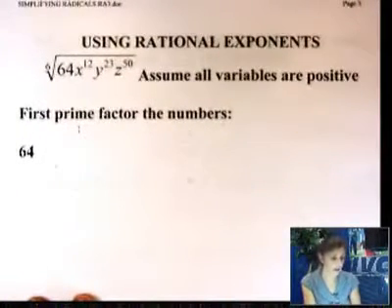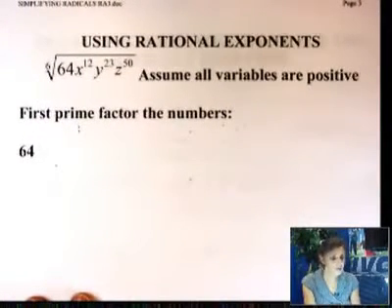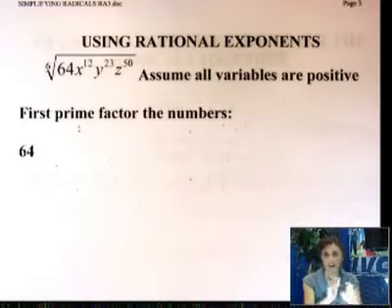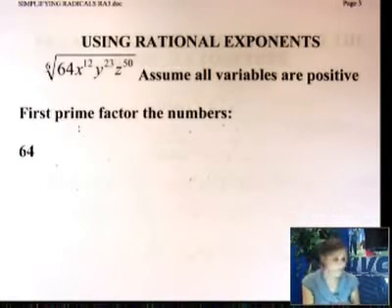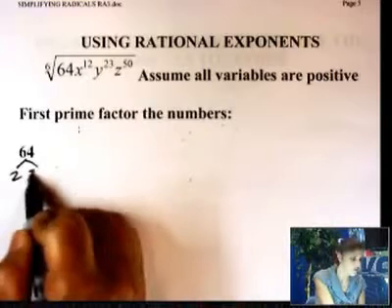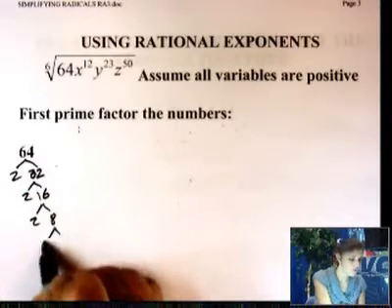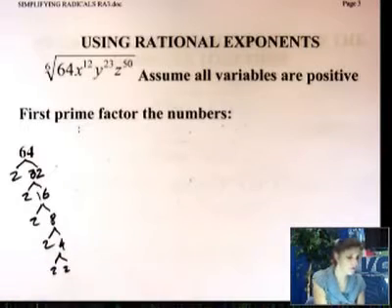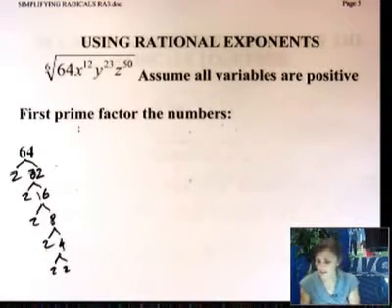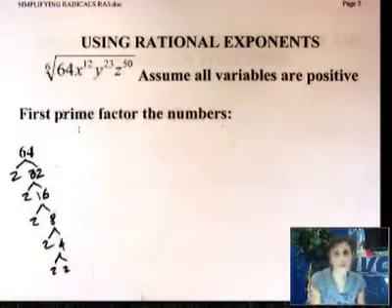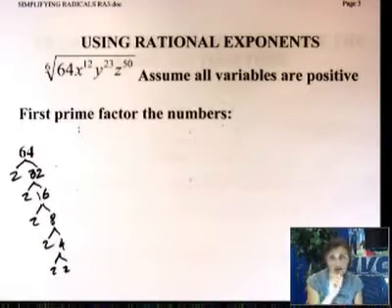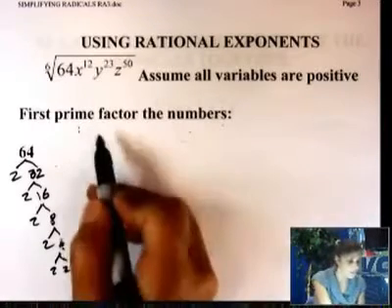Okay. Now, how do I do the same problem using radical exponents? Remember, we do the same thing. 64, 32, 16, 8, 4, 2. So we do this again. But this time, you're going to write this as an exponent instead of using a radical. This is the second approach.